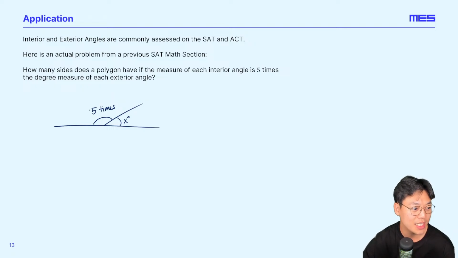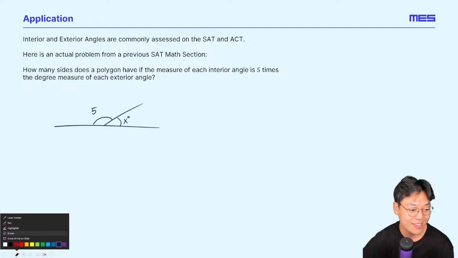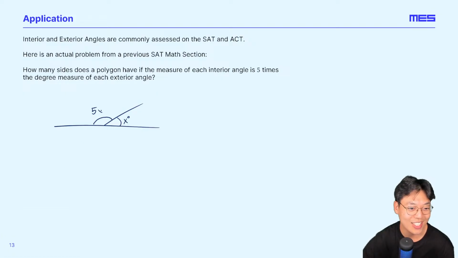What should we call this interior angle? 5 times x would be just 5x. Exactly, just 5x.